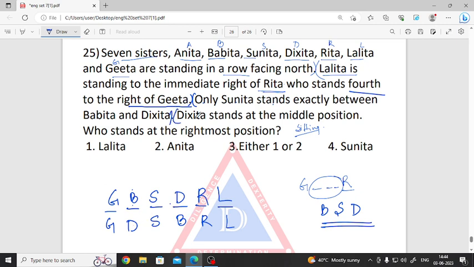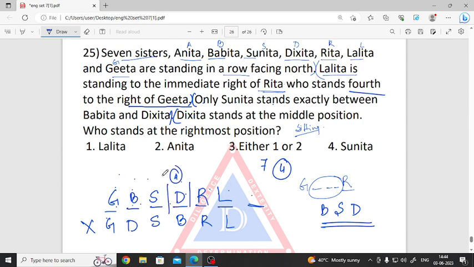And last states Dikshita or D stands in the middle position. Middle position, if we see 1, 2, 3, 4, 5, 6, nowhere this is possible, because in the middle means the fourth of 7. If we count 1, 2, 3, that means here should be one more. See, 1, 2, 3, fourth.